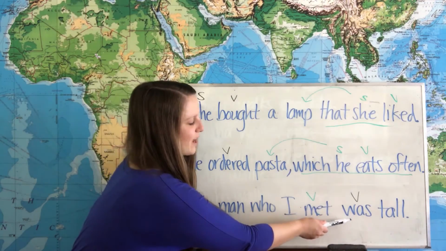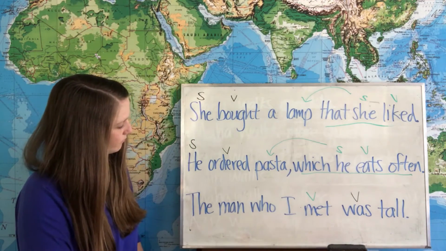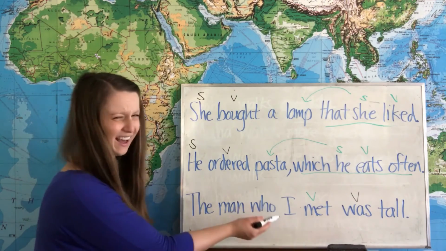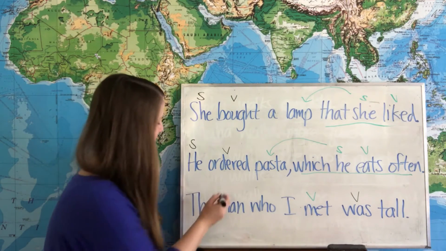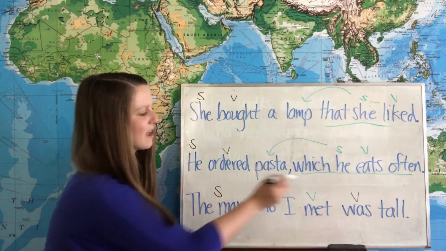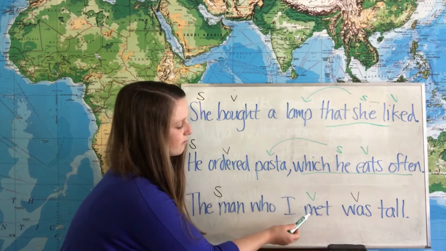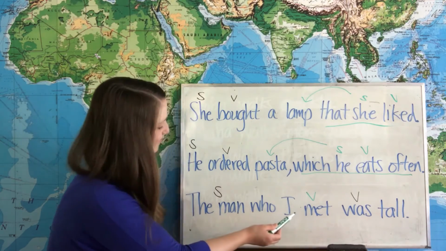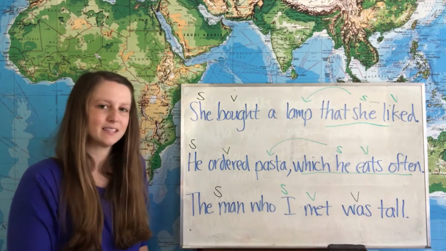What is the subject for the verb was? I? No. The man. The man was tall. And what is the subject for the verb met? I is the subject for the verb met.